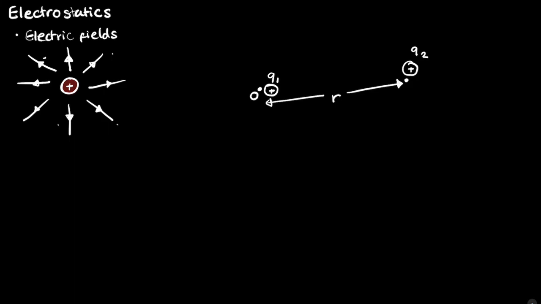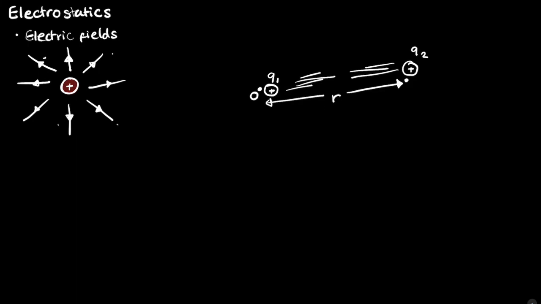You guys are probably familiar from A level or whatever that the force is given by Coulomb's law. Coulomb's law basically states that the force acting between these two charges is proportional to the product of the two charges, q1 multiplied by q2, and it's also inversely proportional to the square of the distance between the charges.